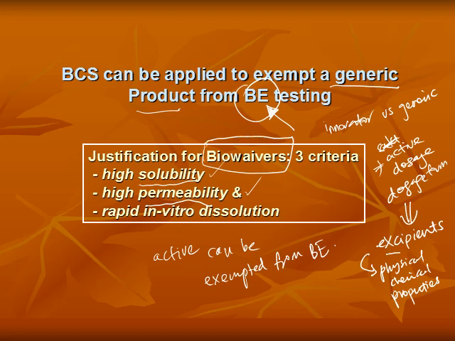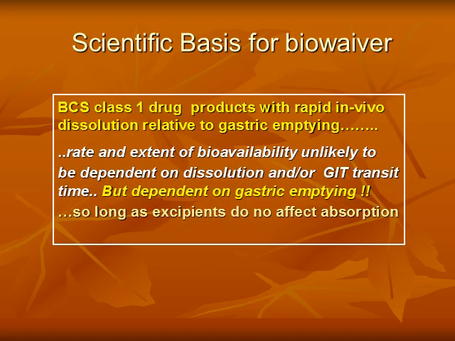When they need to ask for a bio-waiver, they need to meet 3 criteria, which are solubility, permeability, and in vitro dissolution test. With that, they need to compile documentation and apply for the bio-waiver. The scientific basis for bio-waiver: BCS class 1 drug products with rapid in vivo dissolution relative to gastric emptying.